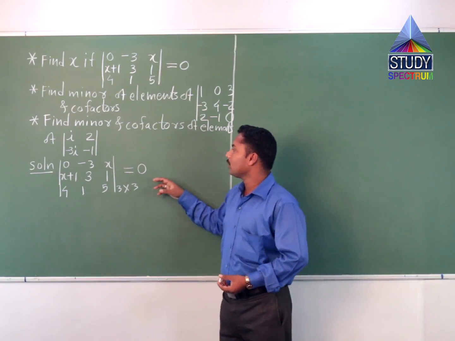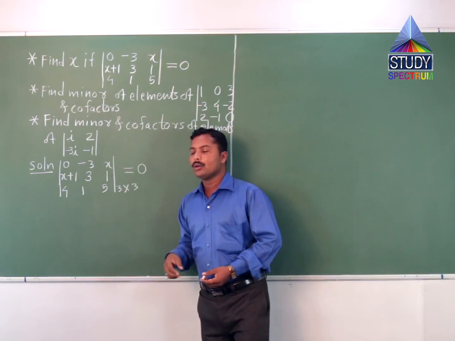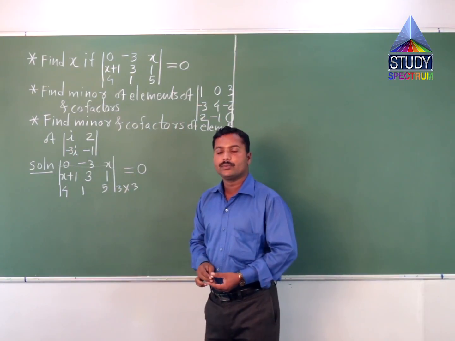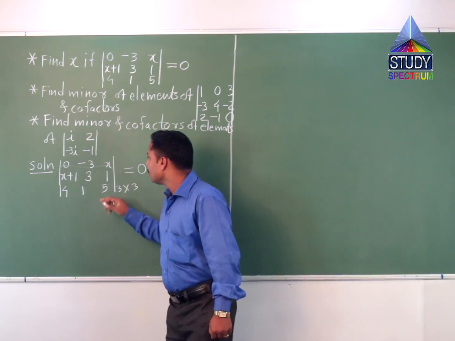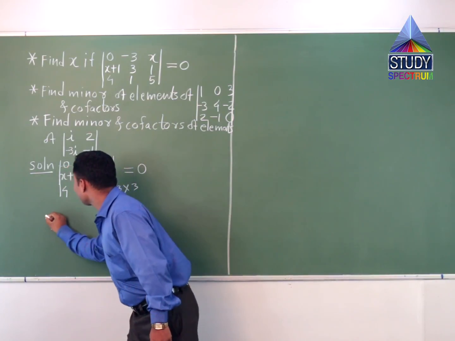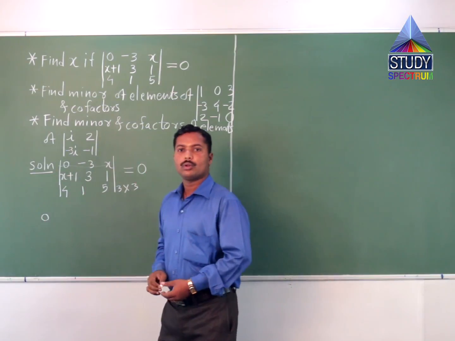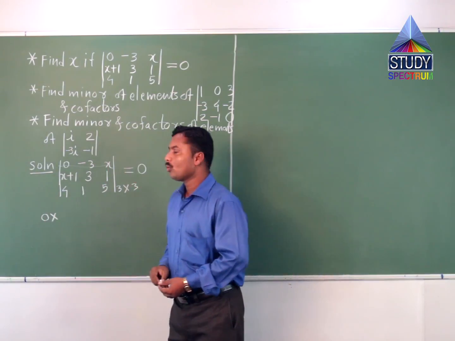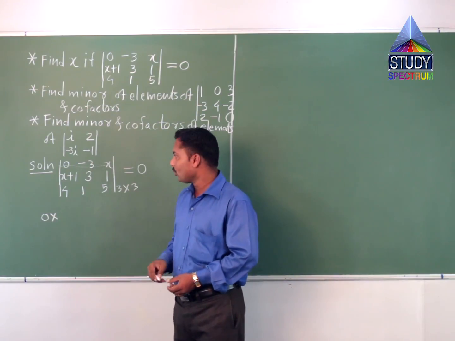So we expand this determinant by using the first row. How? We take the first number 0 into the minor of this 0. What is the minor of this 0?